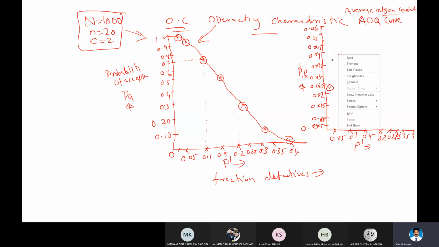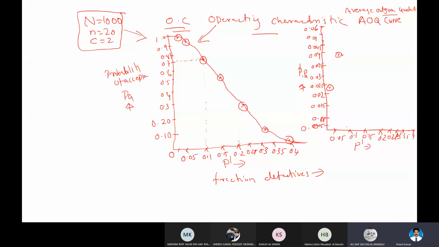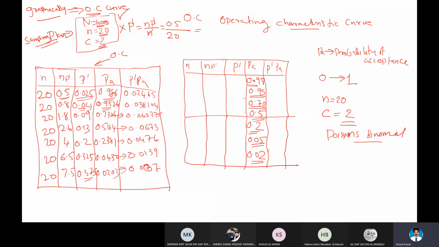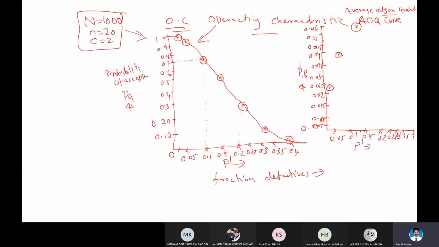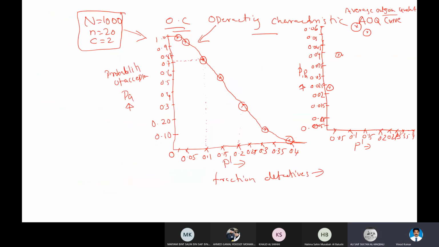It will not go to that point. Okay, what is the next one? 0.09, 0.065, up. 0.09, 0.065 comes to the top, somewhere here, right? Now 0.13, 0.06, here. Okay. Then 0.2, 0.05.